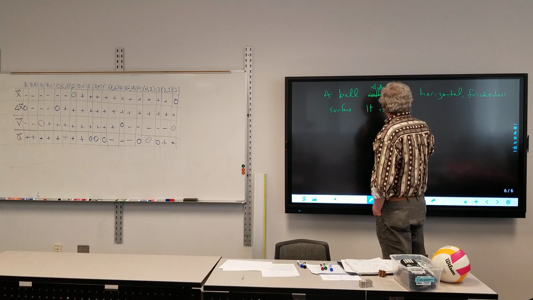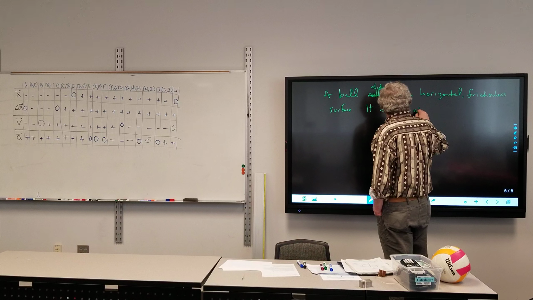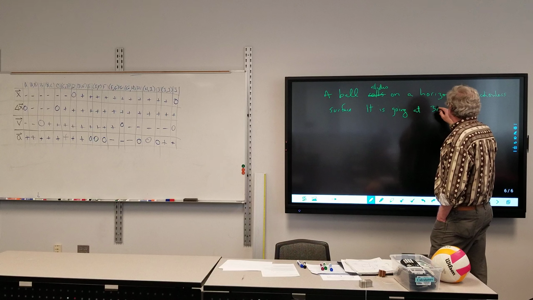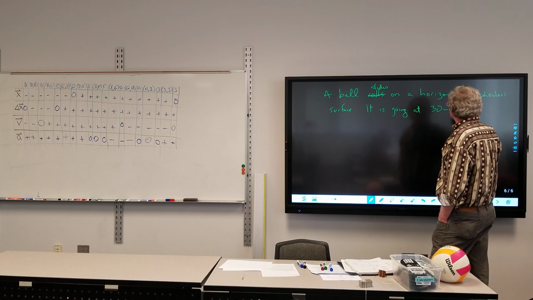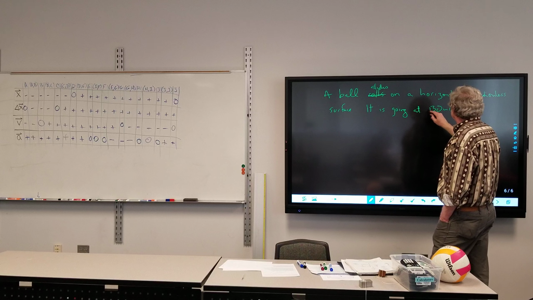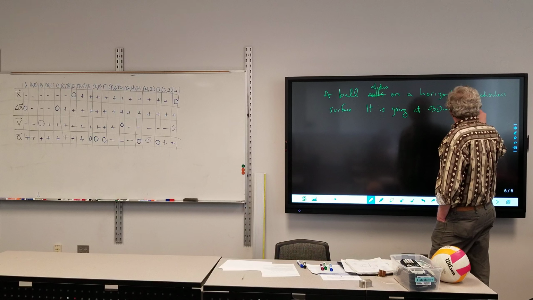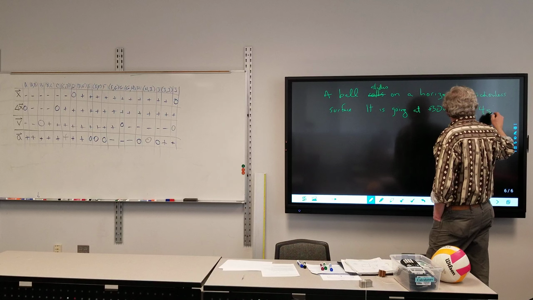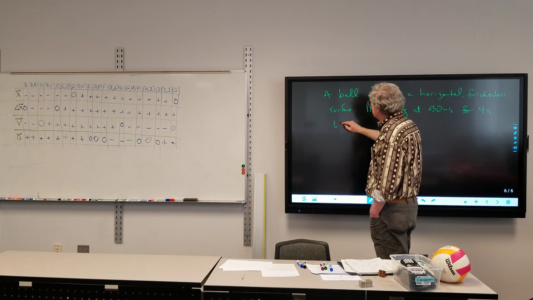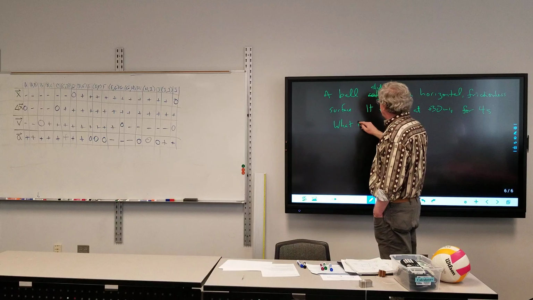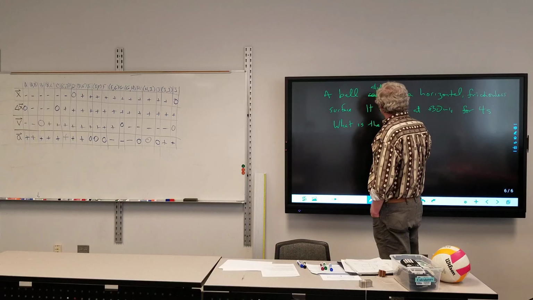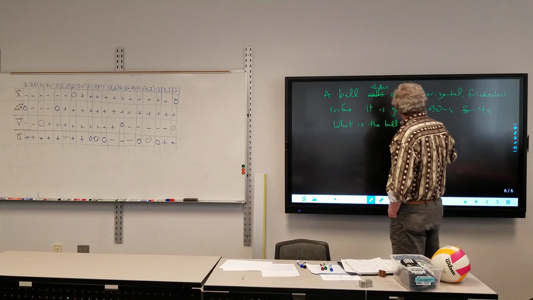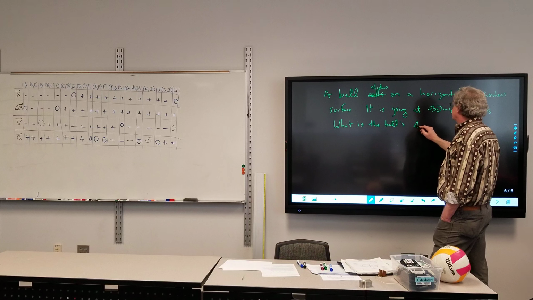It is going at positive 30 meters per second for 4 seconds. So what is the ball's displacement?